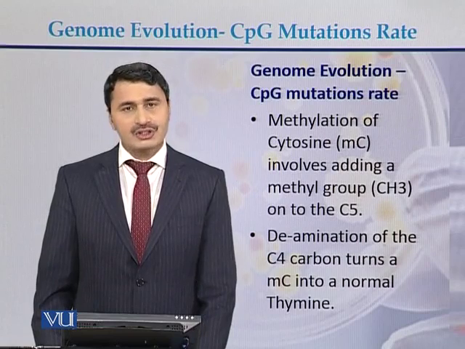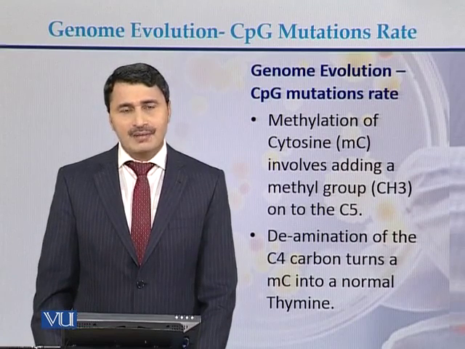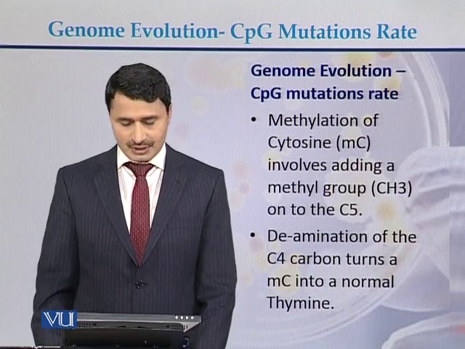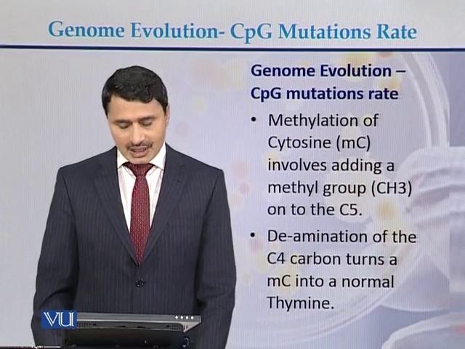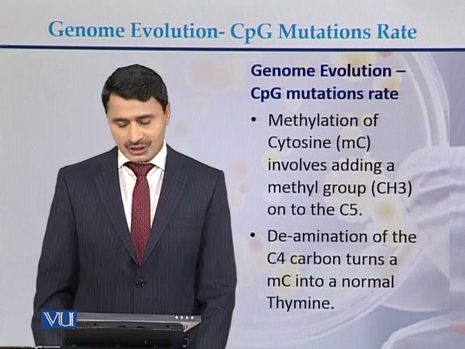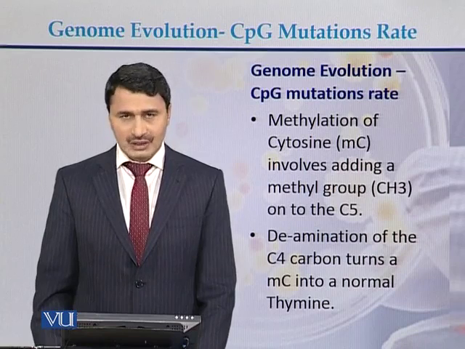Methylation of cytosine involves adding a methyl group at carbon number 5 of cytosine. Deamination of carbon number 4 turns a methylated cytosine into a normal thymine.